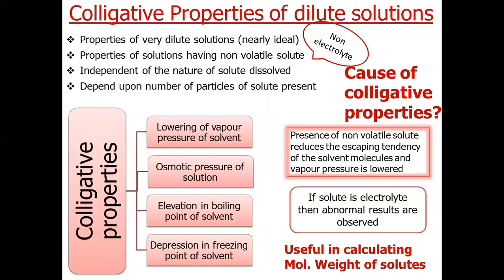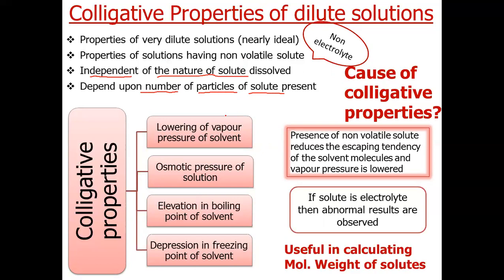Now, colligative properties, as we know from our previous lectures, are those properties which depend upon the number of particles of solute present and are independent of the nature of the solute dissolved. We have already explained colligative properties in detail in our previous lectures.